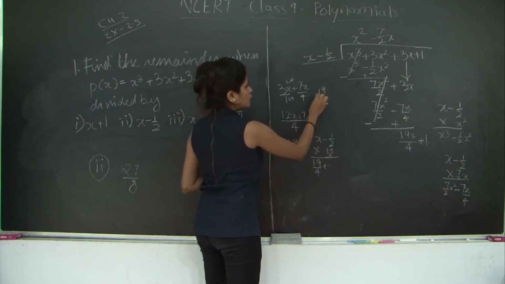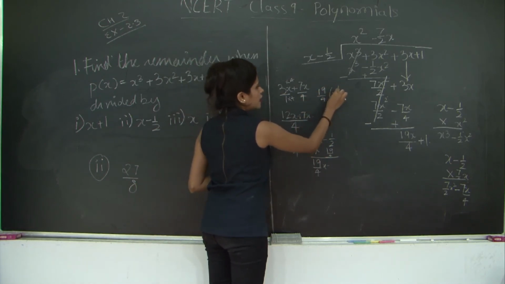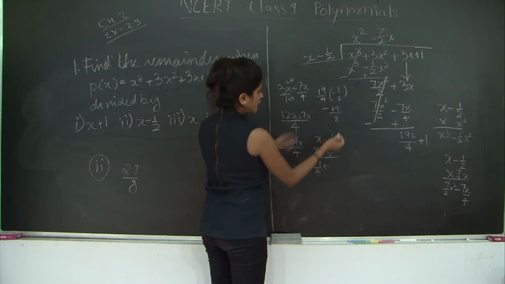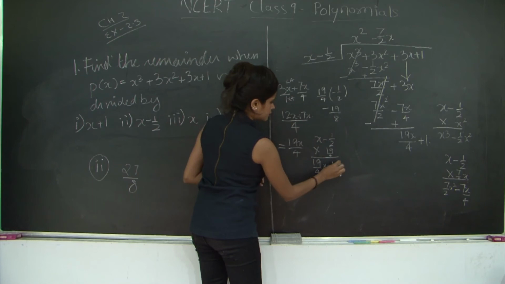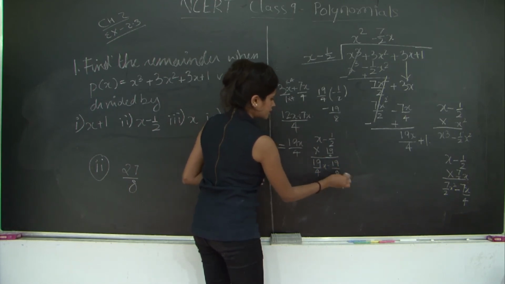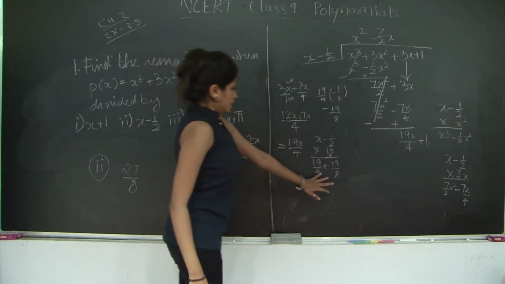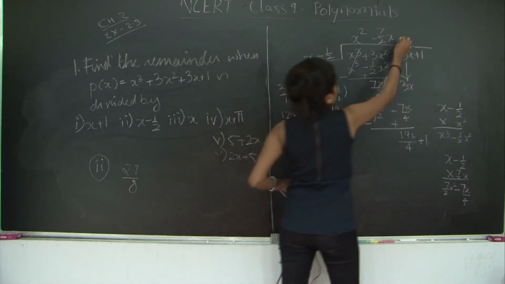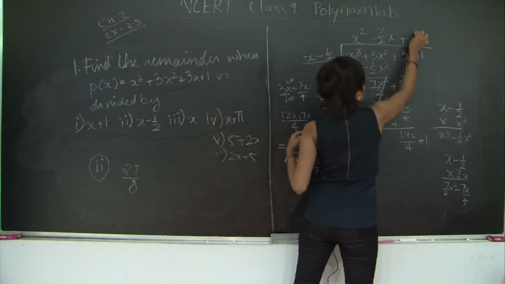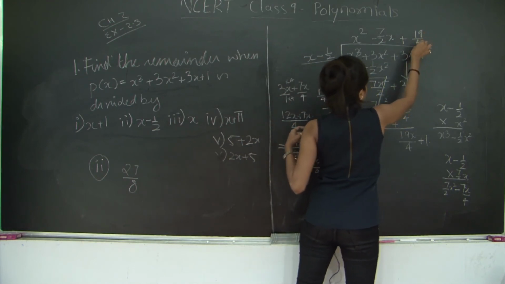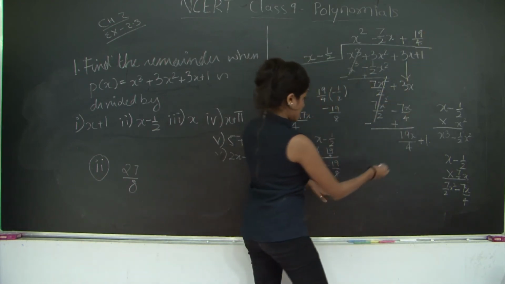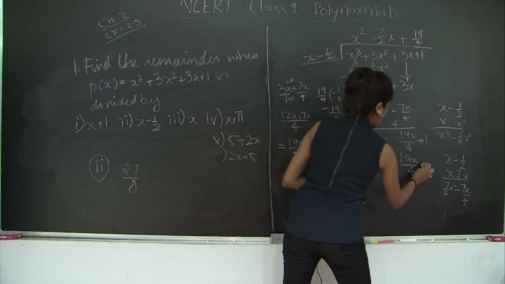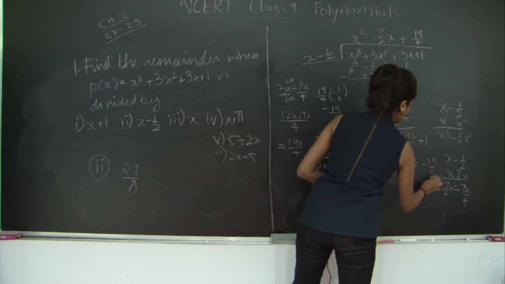So 19 upon 4 into minus half gives me minus 19 upon 8. What is my output? 19x upon 4 minus 19 upon 8.